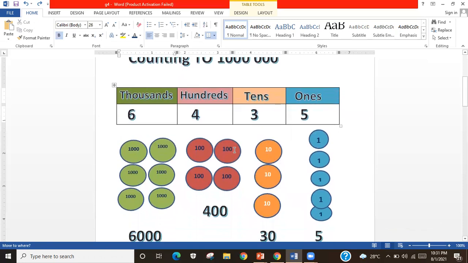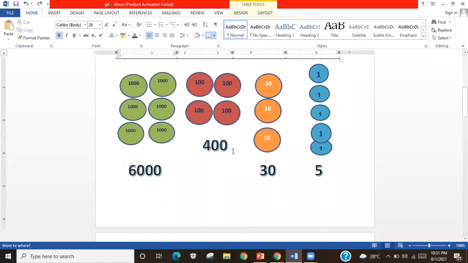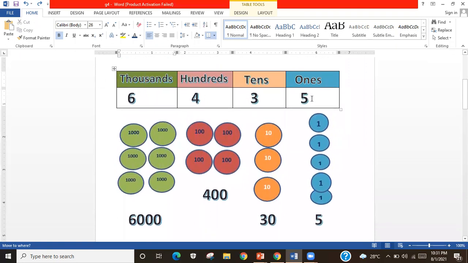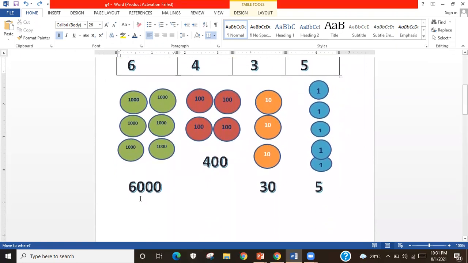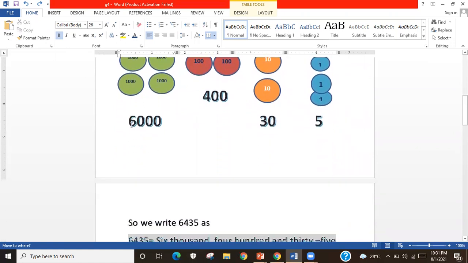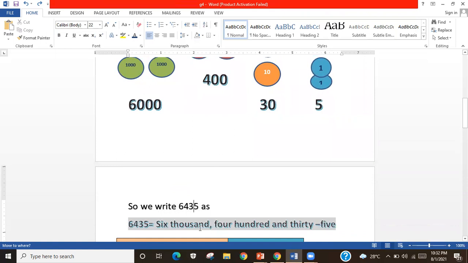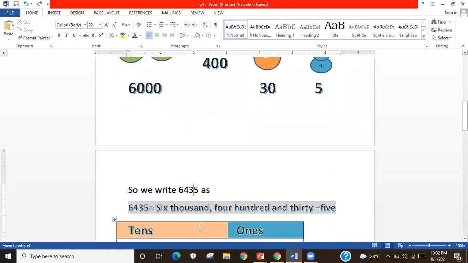The second point, you have learned to write the four digits in numerals as 6,435. And the third point, you have learned to write the four digits in words.